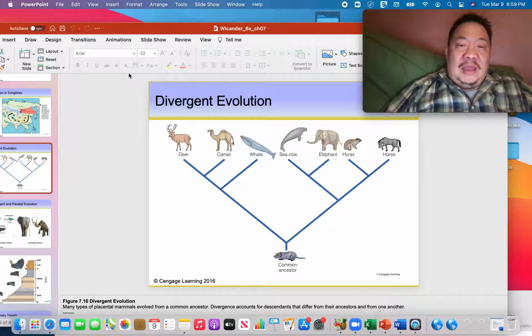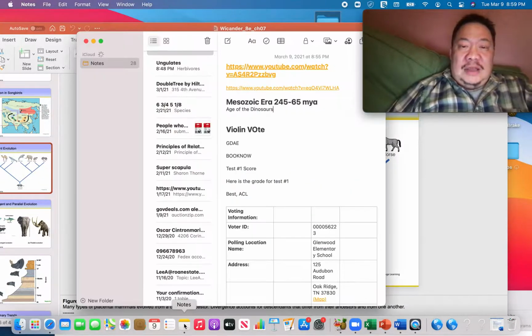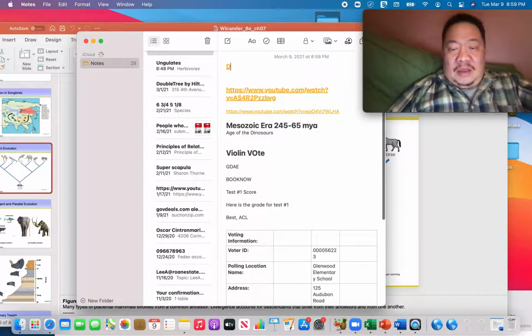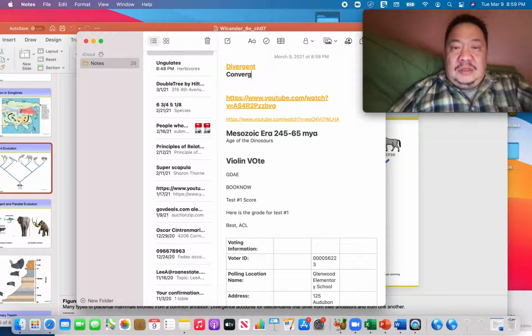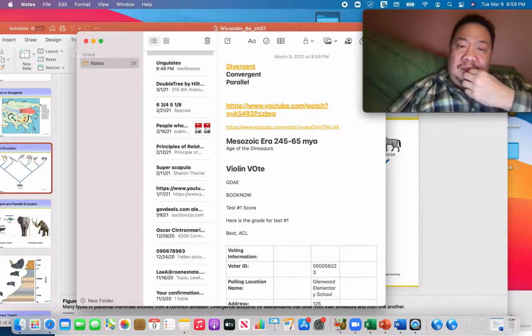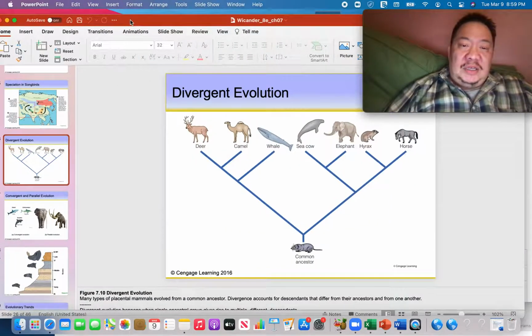Okay, let's talk about divergent evolution, and then write this down in your notes. Three kinds of evolution you need to know about: divergent evolution, convergent evolution, and parallel evolution. Okay? Let's see what the difference is.